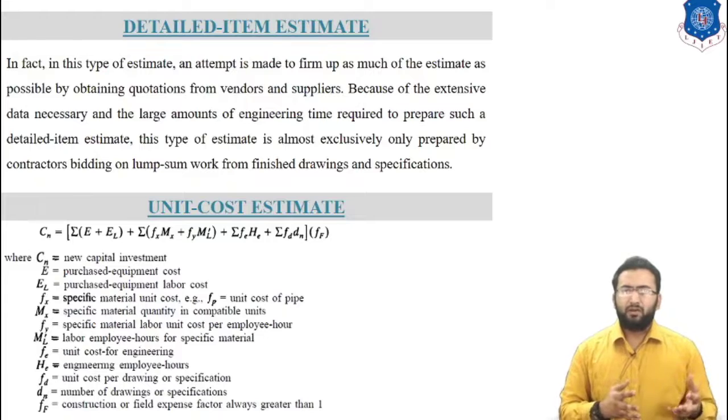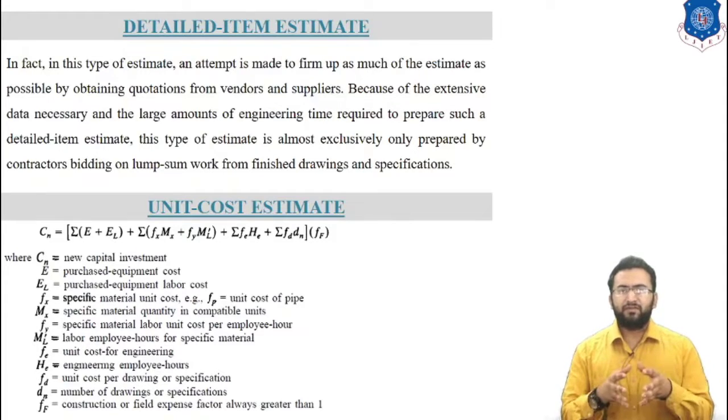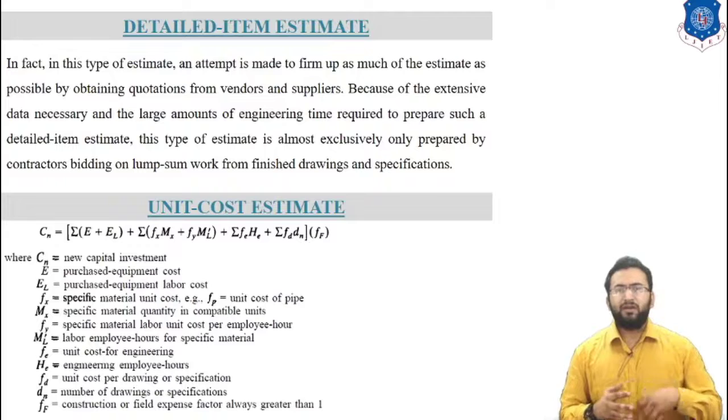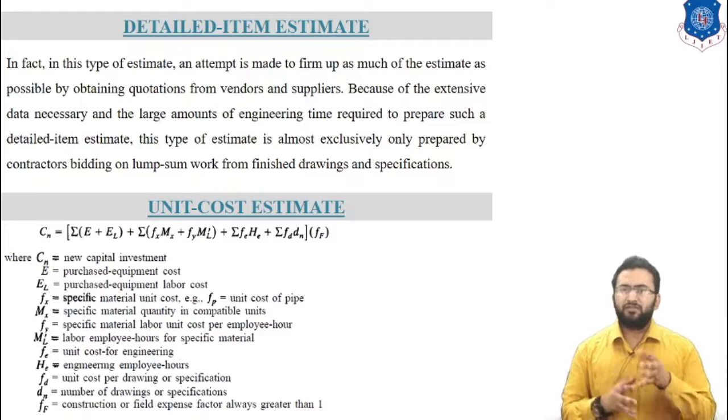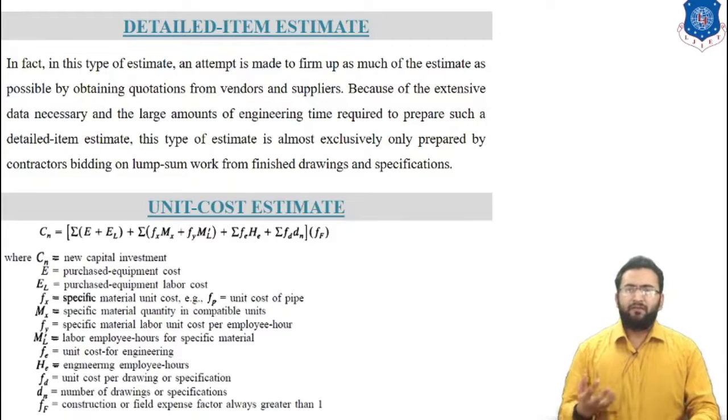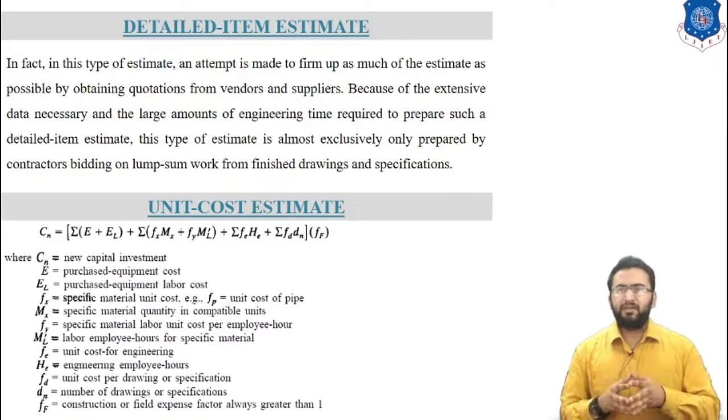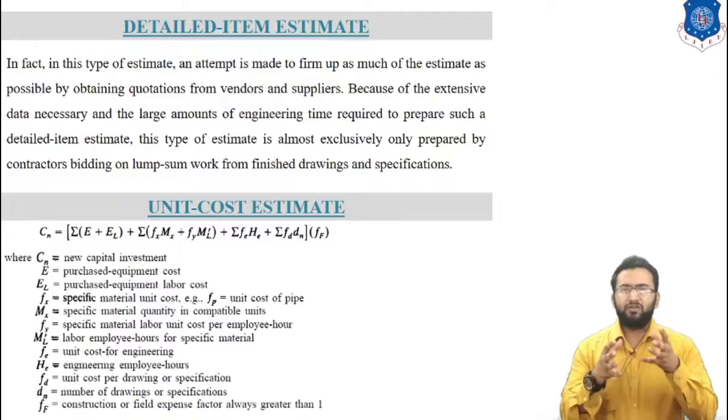Costs for concrete, steel, pipe, electrical, instrumentation, insulation, etc. are obtained by taking off from the drawings and applying unit cost to material and labor needs. A unit cost is also applied to engineering employee hours, and to the number of drawings and specifications. A factor for construction expenses, contractor fee and contingency is estimated from previously completed projects and is used to complete this type of estimation.